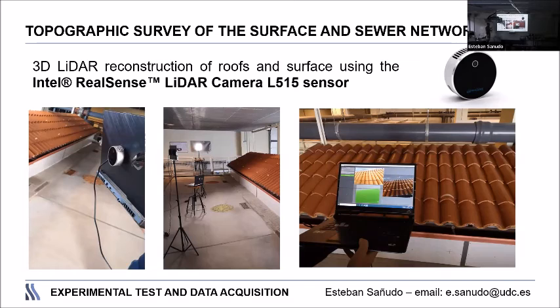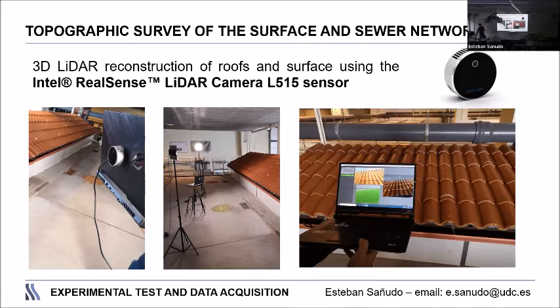The reconstruction of the surfaces is done with this sensor that is like a tennis ball, very small, and we run it over all the surfaces and all the roofs, and reconstruct all the surface. We use a high-performance computer, and it's classical LiDAR, but we can have a very accurate representation of the surface in a point cloud.